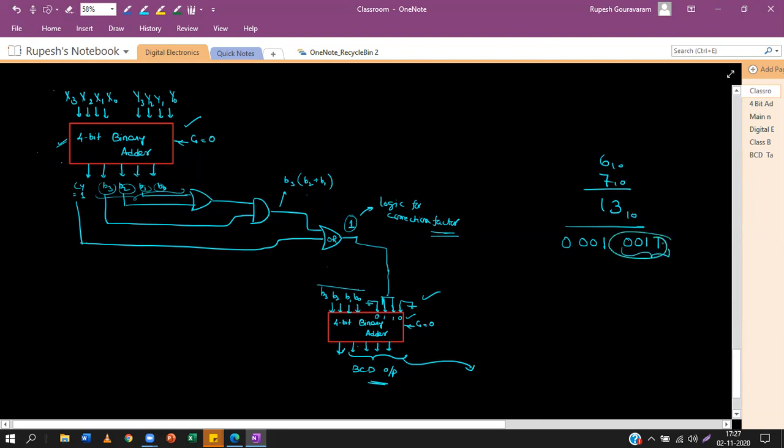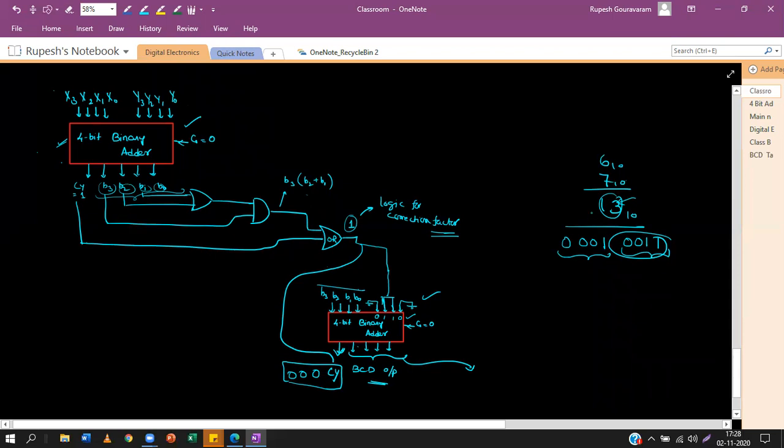So the first digit among this is acquired from these 4 bits S3, S2, S1, S0. And the next 4 bits is acquired either from this or directly from the carry. So if you take the carry and you append 3 more zeros here, then 0 0 0 carry gives the next digit, that is 1.